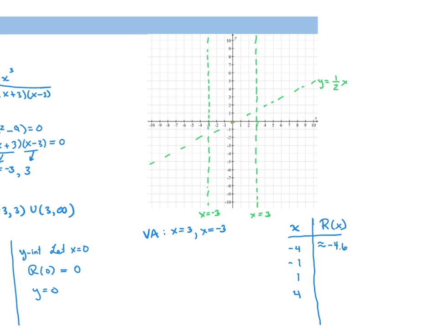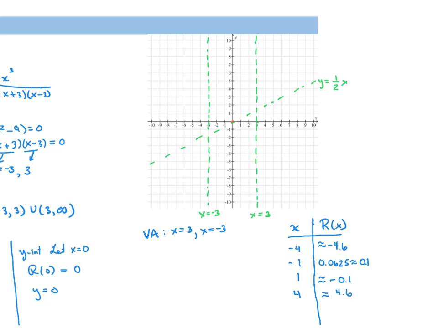If you substitute negative 1 in, we get positive 1/16, which is 0.0625, which we can only really get an idea of one decimal place, so I'm going to approximate that to 0.1. If you substitute 1 in, you get negative 1/16, so we're going to just approximate that as negative 0.1. And then likewise, 4 is going to give us positive 4.6 approximately.